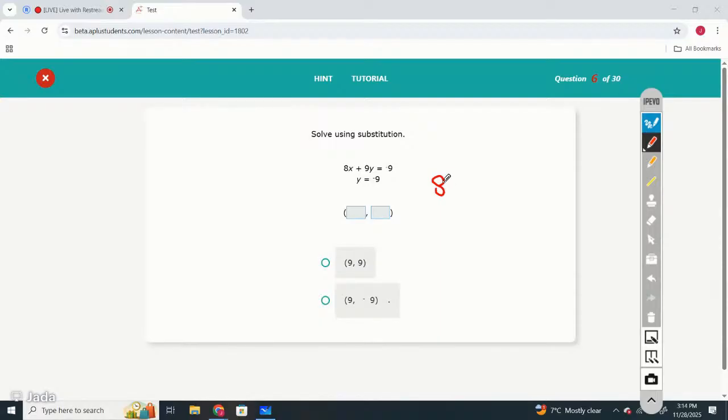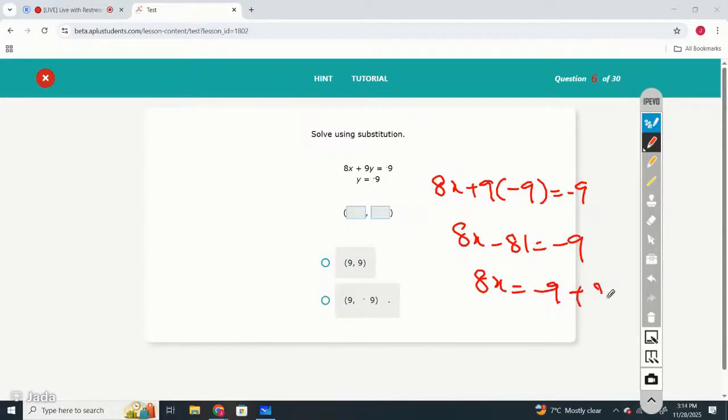Y equals negative 9. 8x minus 81 equals negative 9.